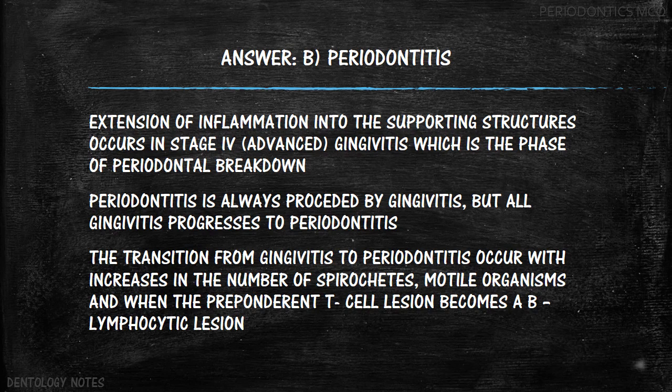Extension of inflammation into the supporting structures occurs in stage 4, advanced gingivitis, which is the phase of periodontal breakdown. Periodontitis is always preceded by gingivitis, but not all gingivitis progresses to periodontitis. The transition from gingivitis to periodontitis occurs with increases in the number of spirochetes and motile organisms, and when the prominent T-cell lesion becomes a B-lymphocytic lesion.